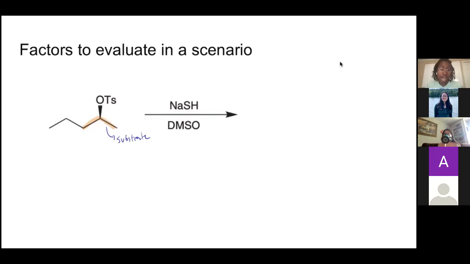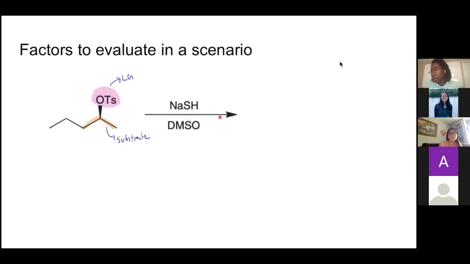And then attached to our substrate is, of course, our leaving group, this OTs, right up here. This is the leaving group, which, as the name implies, and you've seen before, it leaves in these different reactions.